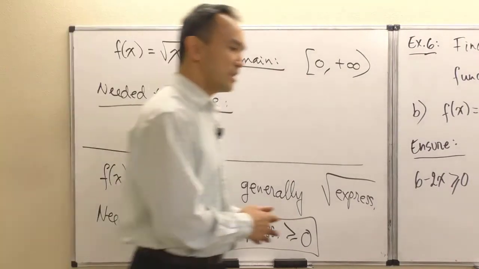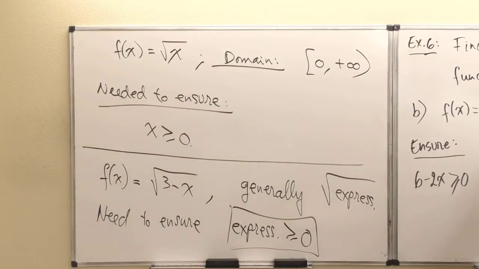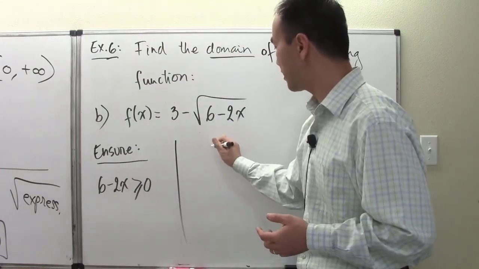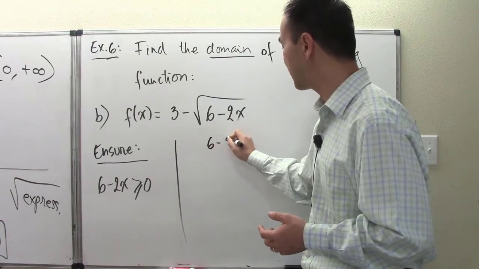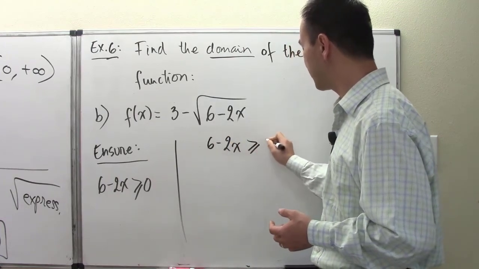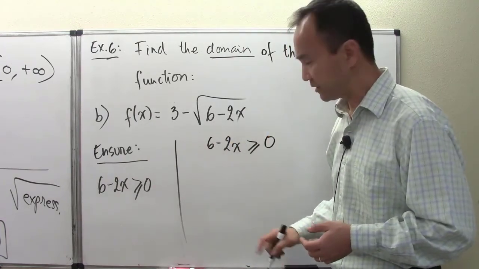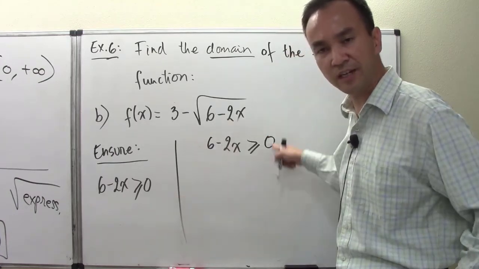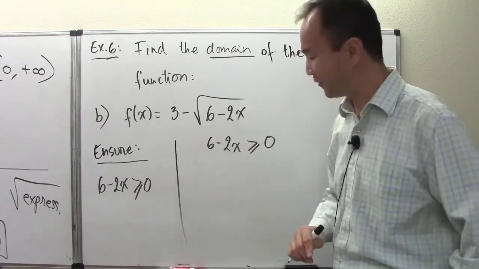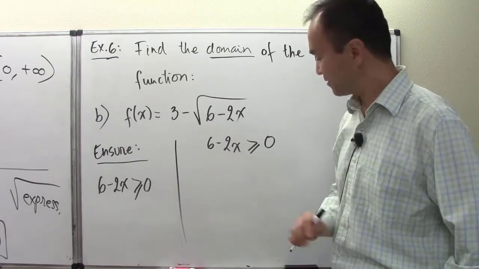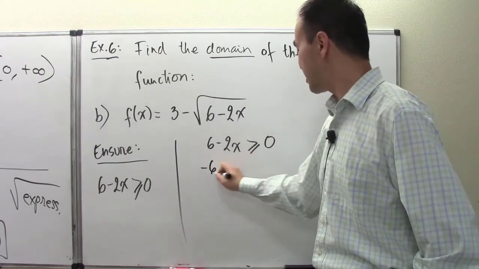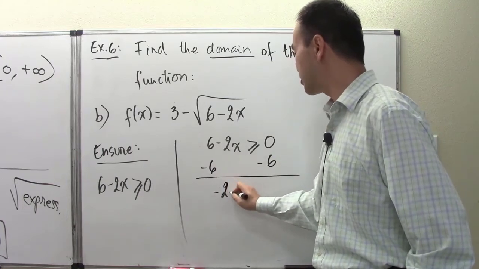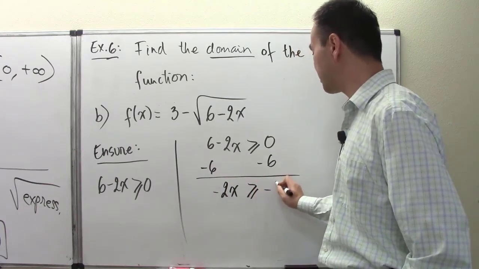Okay, and so now, to ensure 6 minus 2x is greater than or equal to 0, we're seeing this as an inequality. We need to find out which x values will satisfy it. Now we're solving an inequality again for x. Subtracting 6 from both sides, I end up with minus 2x greater than or equal to negative 6.